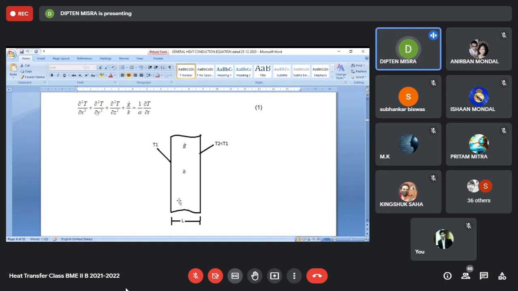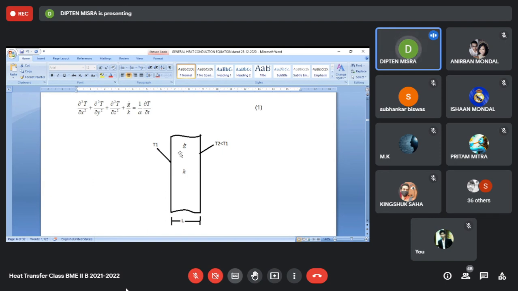So any interior point temperature also will not change with time. Any point throughout this domain, the temperature will not vary with time. So this is a problem where temperature is not varying with time. That is why this term also will be 0.